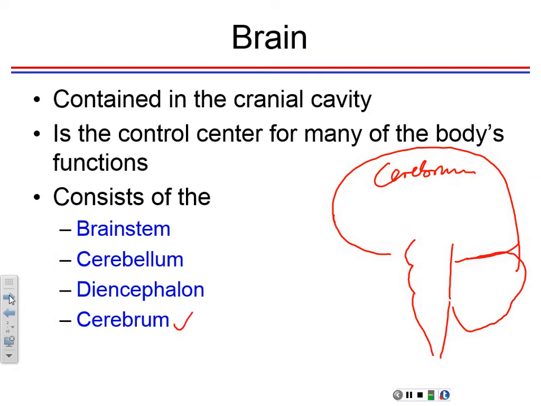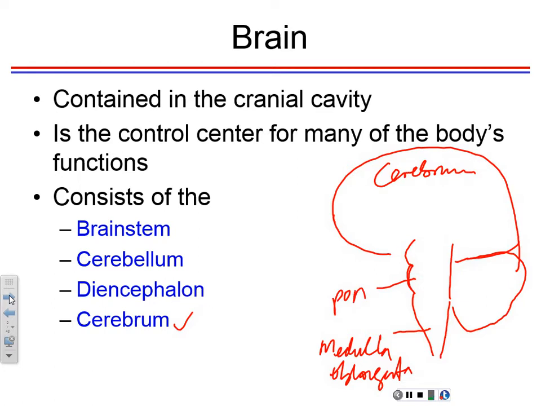Then the brainstem is made up of the medulla oblongata, which is the structure that is continuous with the spinal cord. And then the middle part of it, it's a much bigger bulge than that. It's called the pons. Pons is a Latin word meaning bridge.